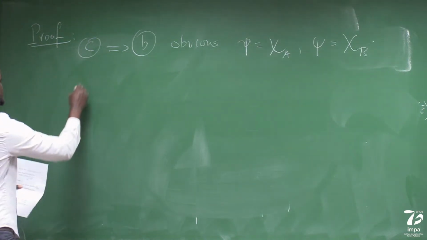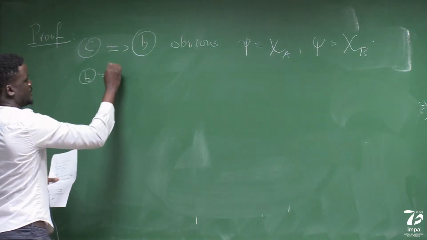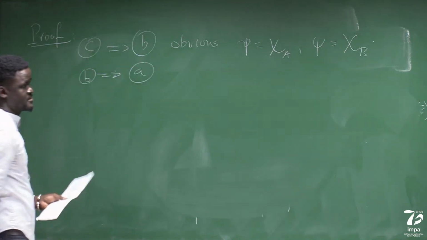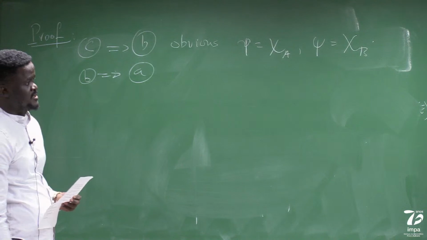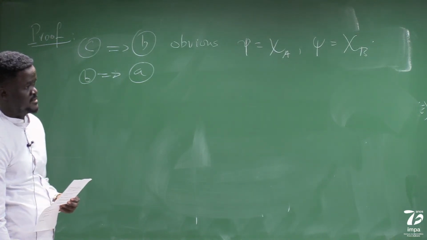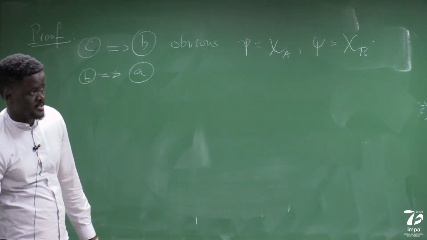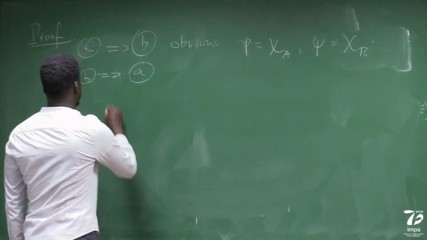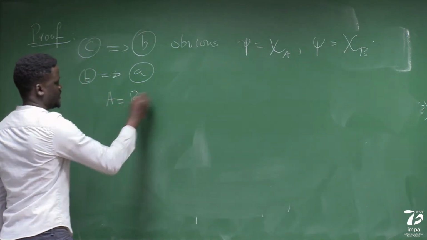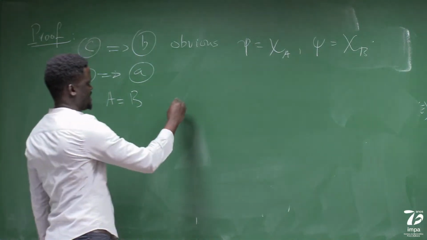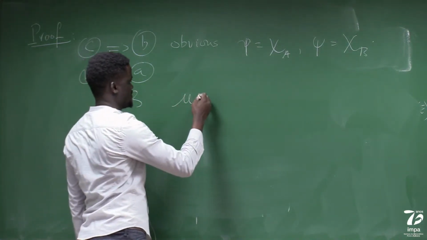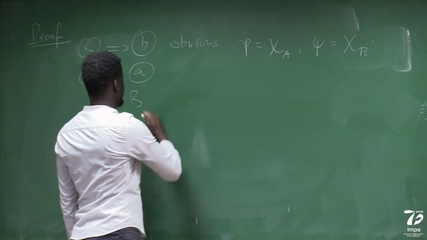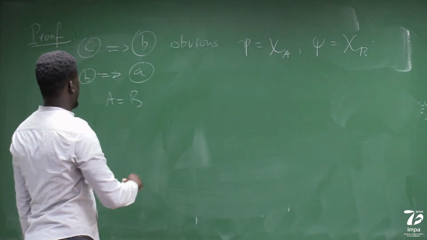So B implies A is also not difficult. You take A equals B, and what you get at the end is mu squared.